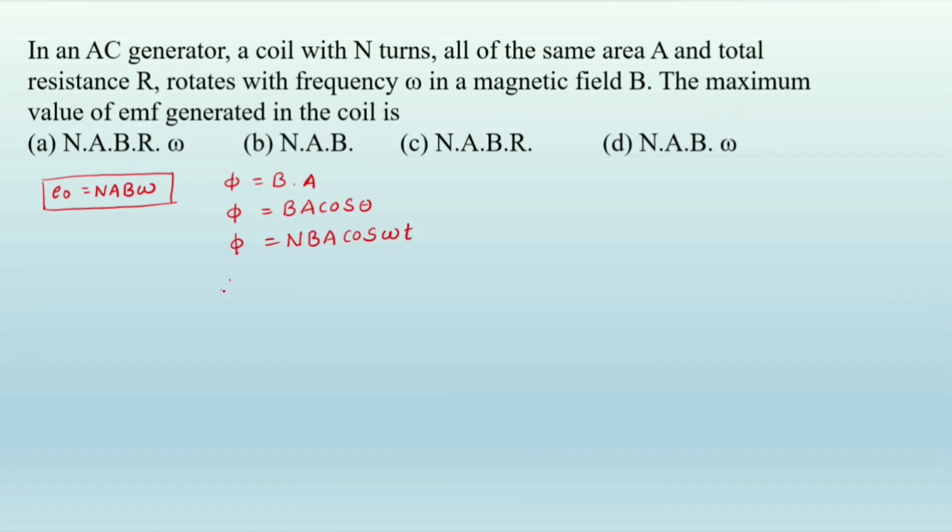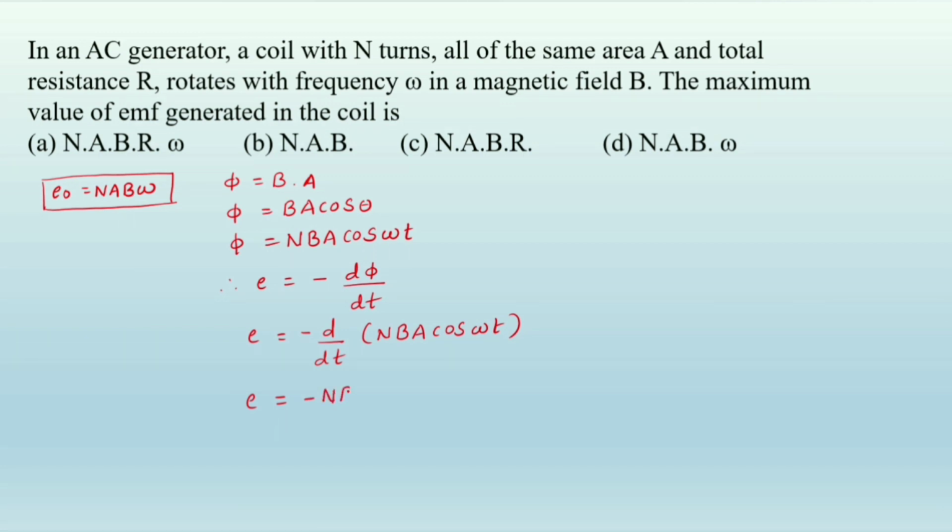Then induced EMF equation E equal to minus d phi by dt. Substitute the values. Minus d by dt of phi, means we know number of turns N, magnetic field B, area A, cos omega t. Differentiate the values.